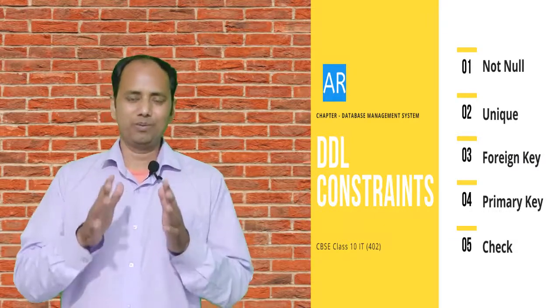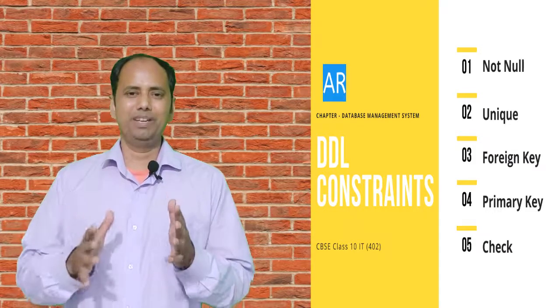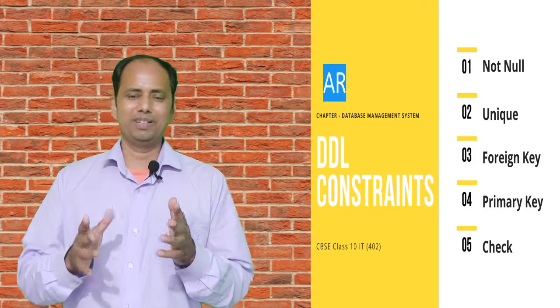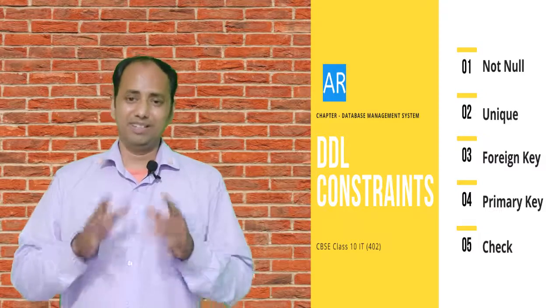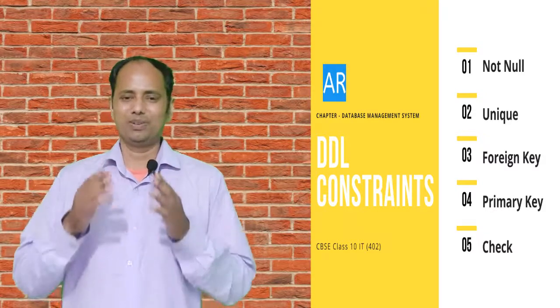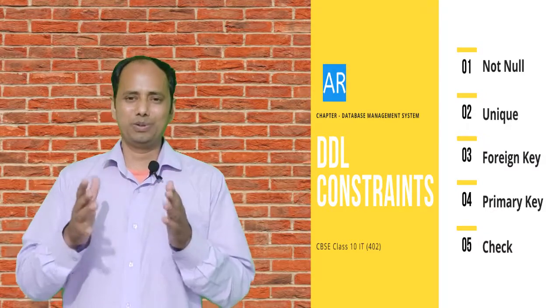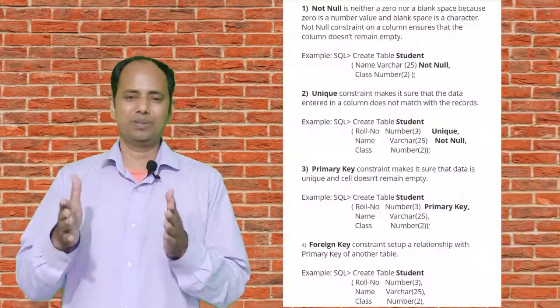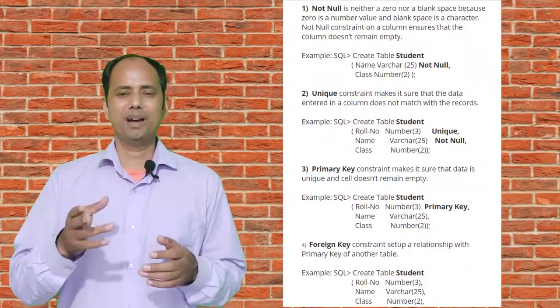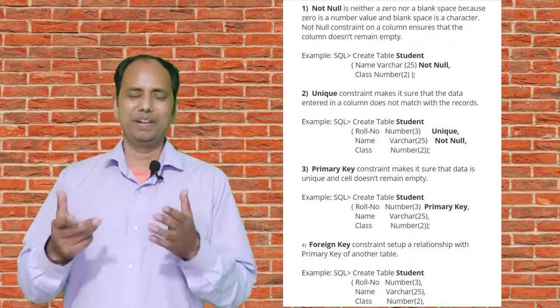About foreign key and primary key I have talked about it, so there I will leave a link and you can watch it again. So now let me talk about not null. Sometimes we want that no one leaves this column empty, so we will use this constraint not null. For example, here we are designing a table.